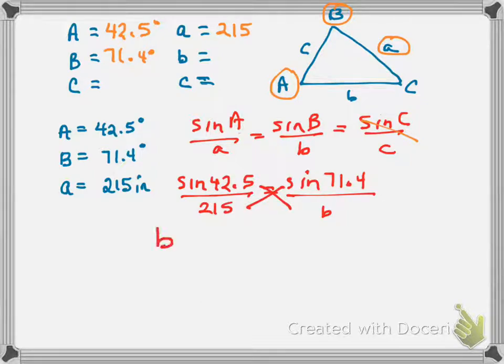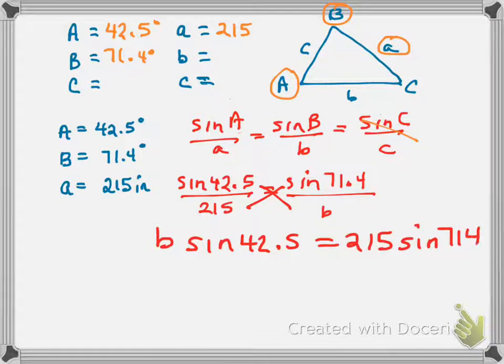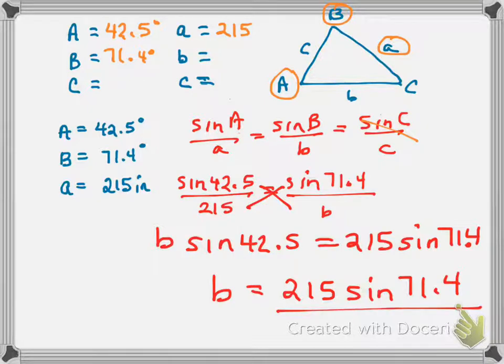So b times the sine of 42.5 is equal to 215 times the sine of 71.4. To get b by itself, you divide by the sine of 42.5. So b equals 215 times the sine of 71.4 over the sine of 42.5.